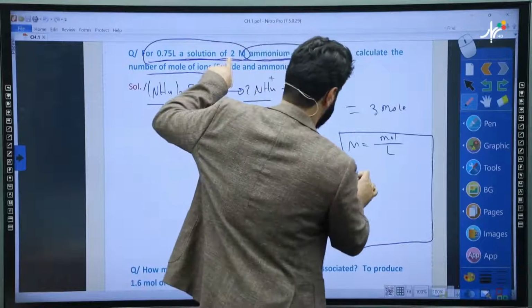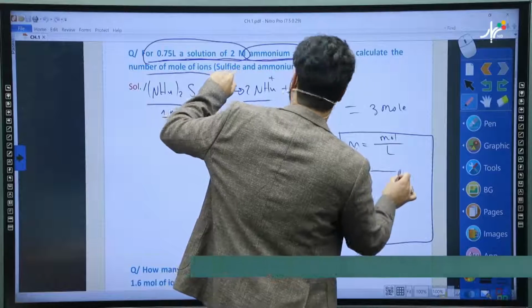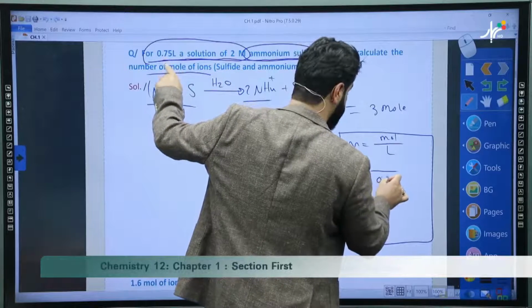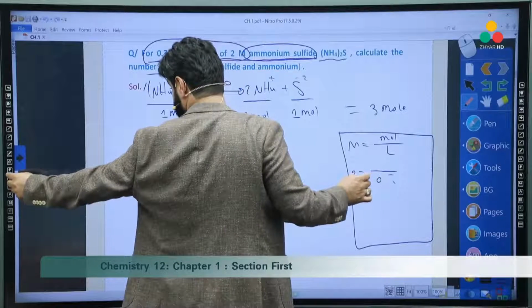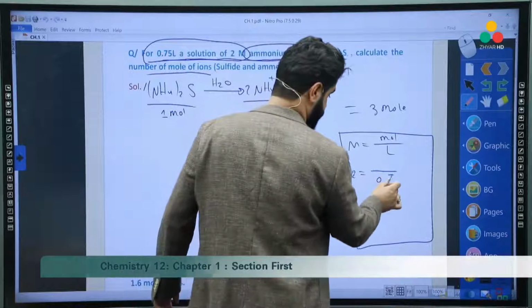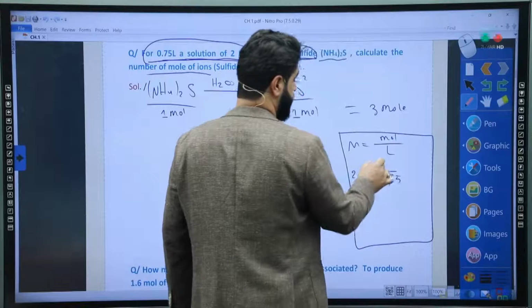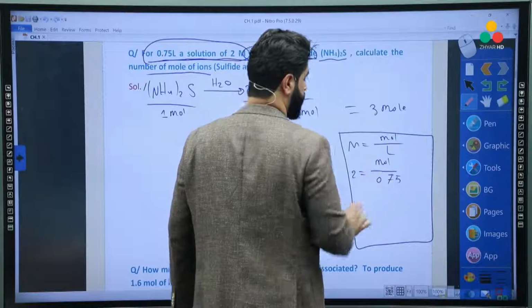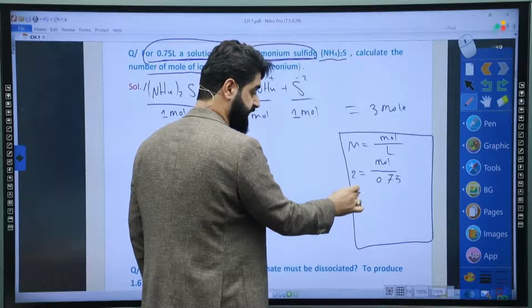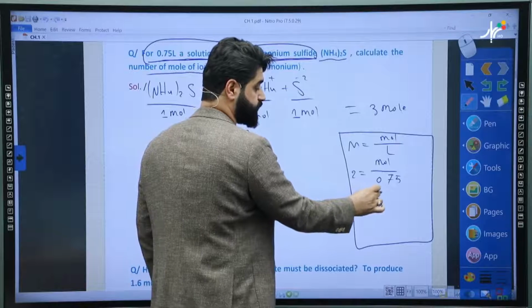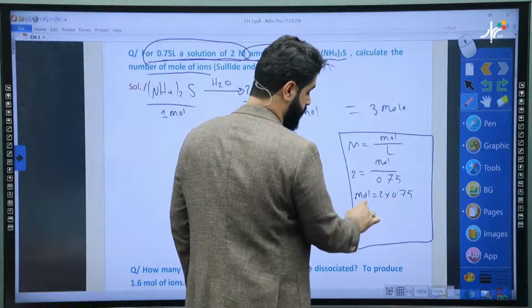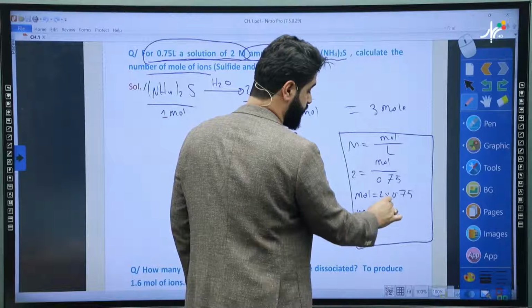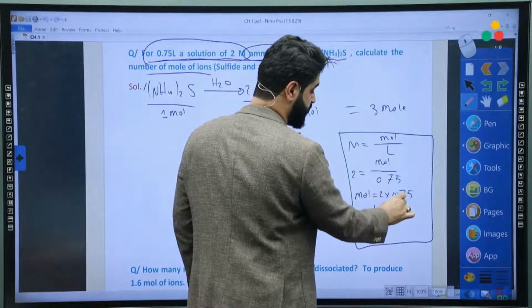We have molarity 2, liter is 0.75, okay? And we are looking for mole. So cross product, mole equals 2 times 0.75. So mole will be 1.5 mole.